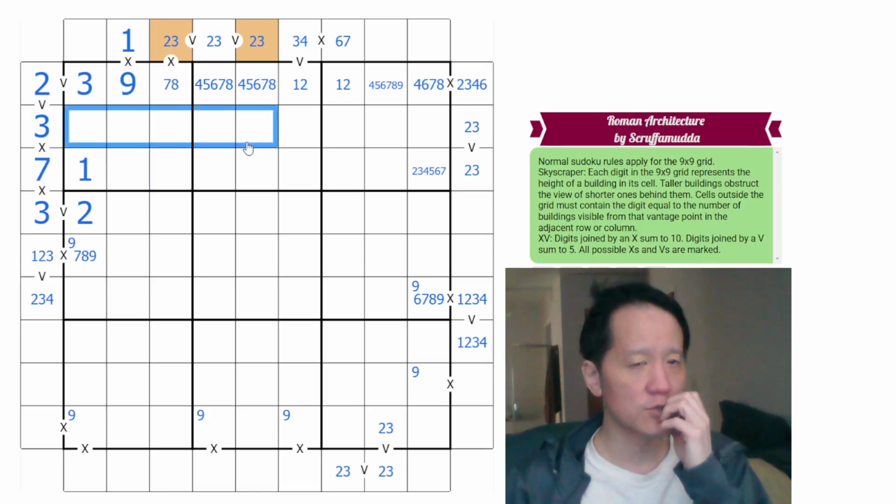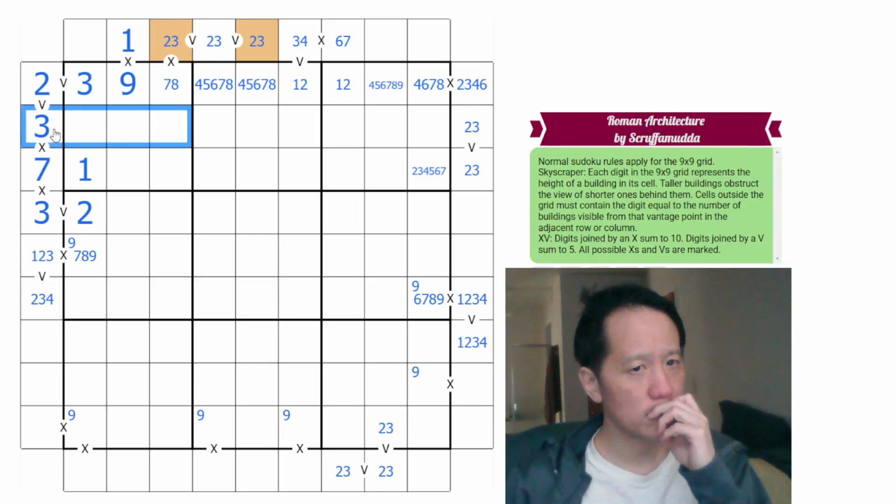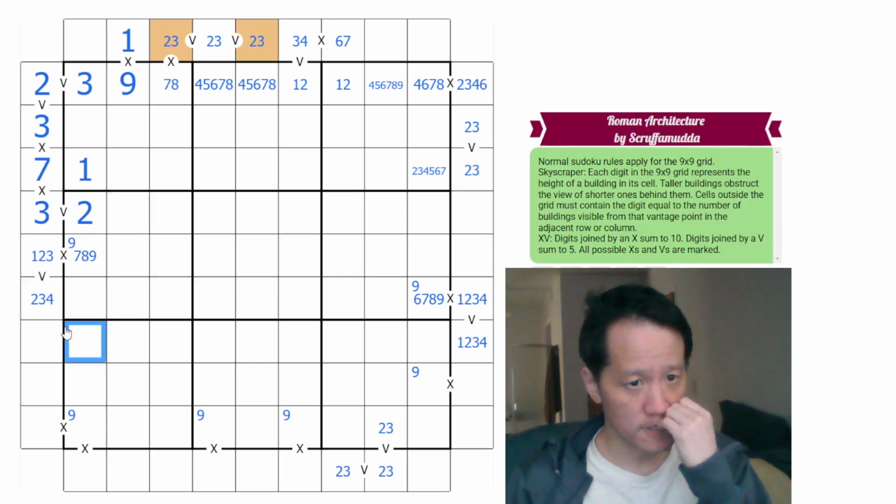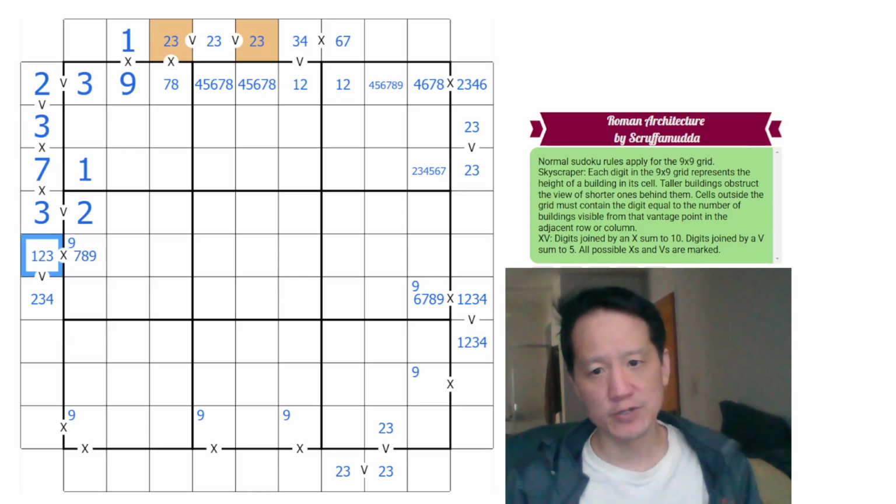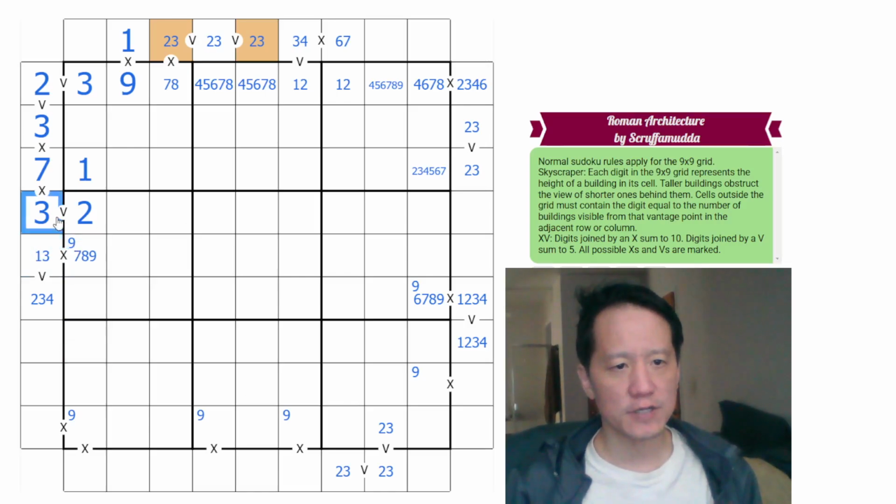This sees 3. We know this can't be 2. And then therefore this can't be 3, because this would have to have a V between them.